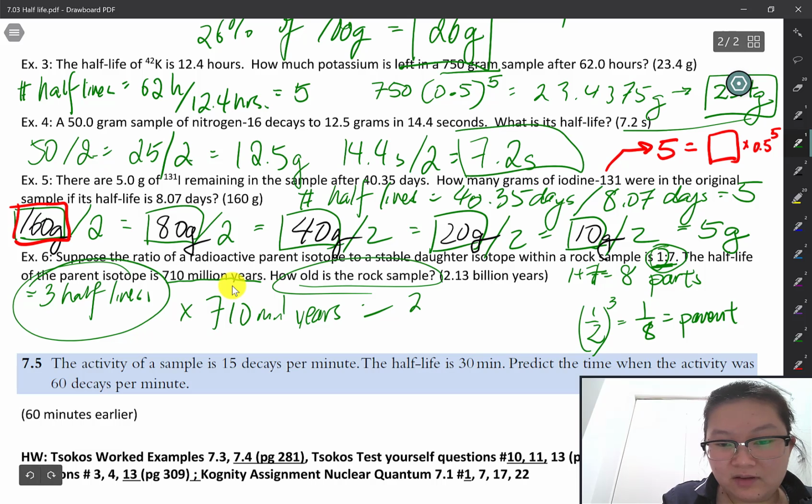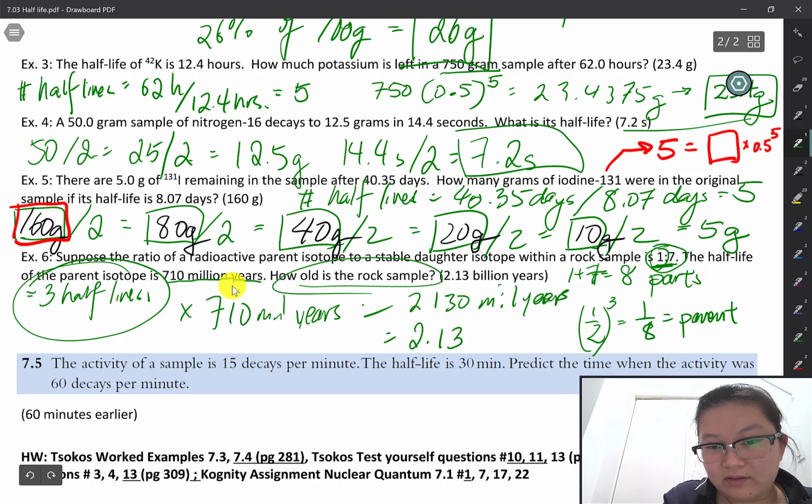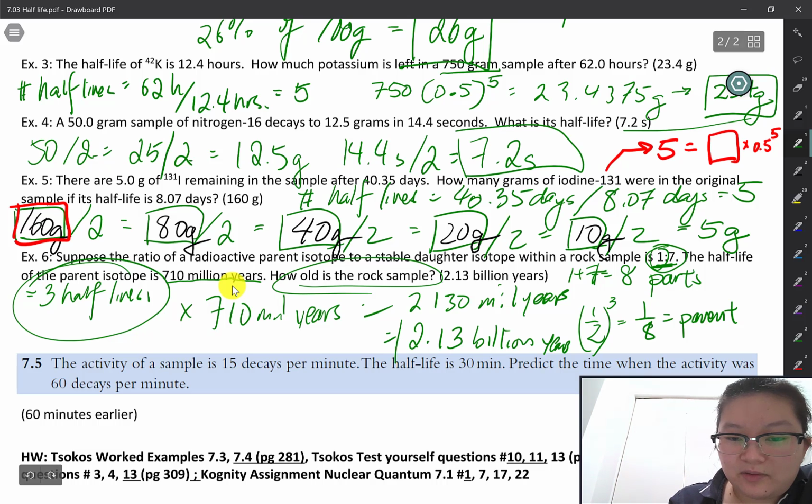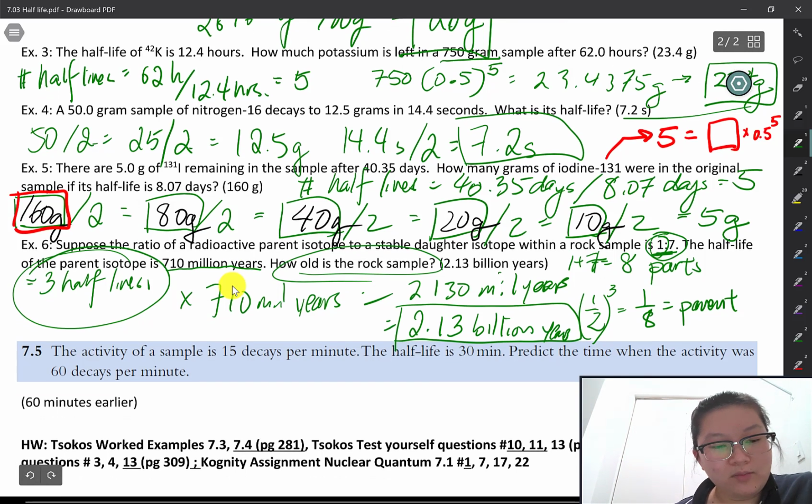And this gives me 2130 million years, which is going to be equal to 2.13 billion years. Okay, it's just an order of 1,000 again. So there we go. That's that example. We have one more to go.